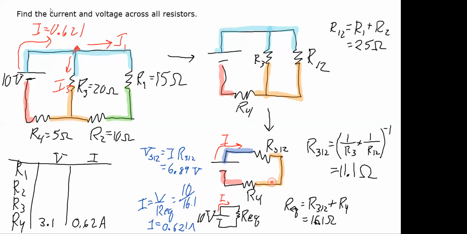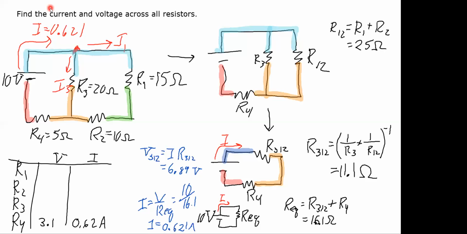And this orange one down here refers to the same voltage down here. All I did was combine these two resistors. So the 6.89 referring to this resistor is the same voltage difference as for the R3 and as for the R12. So in doing this calculation, V312, this voltage applies to both resistors in parallel.